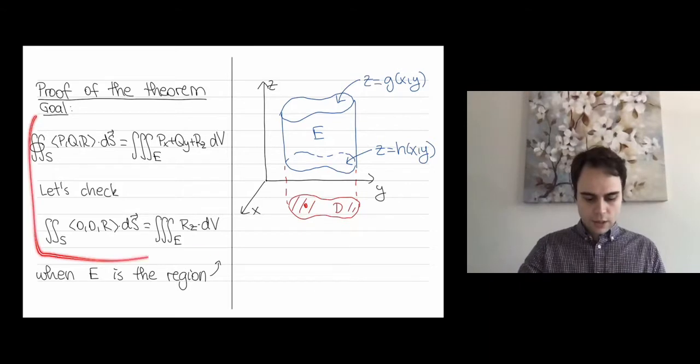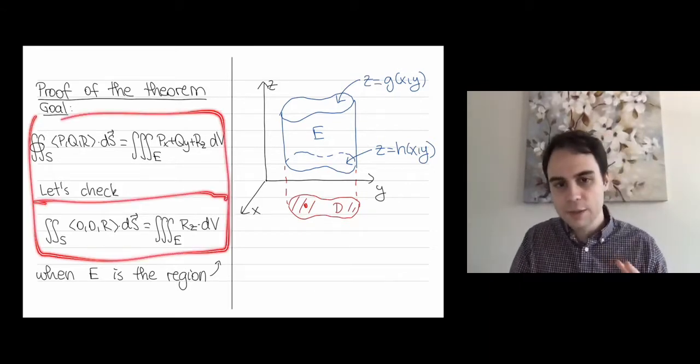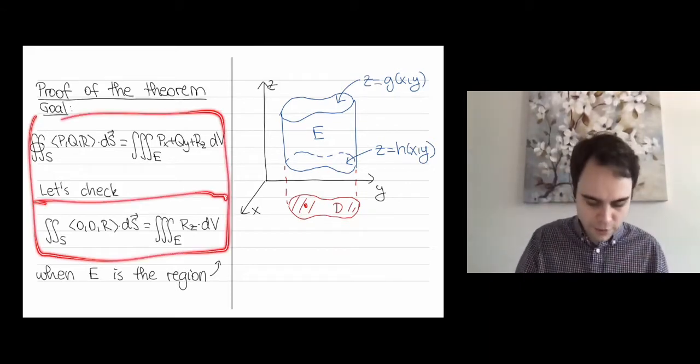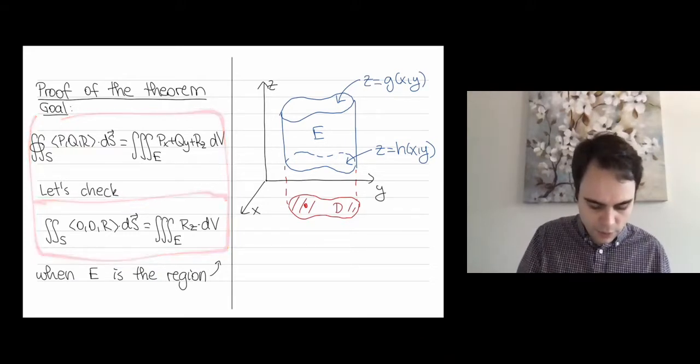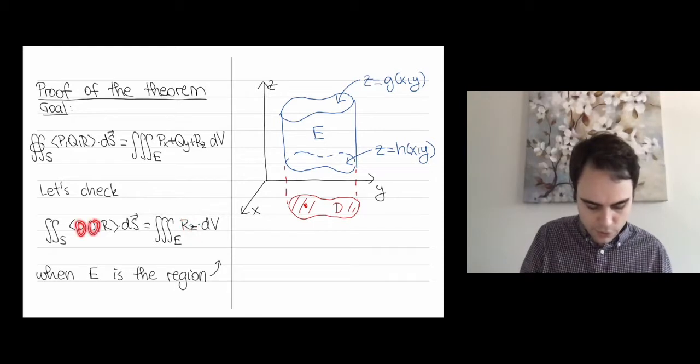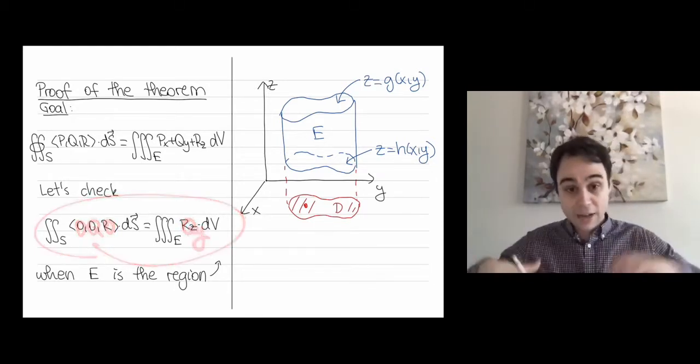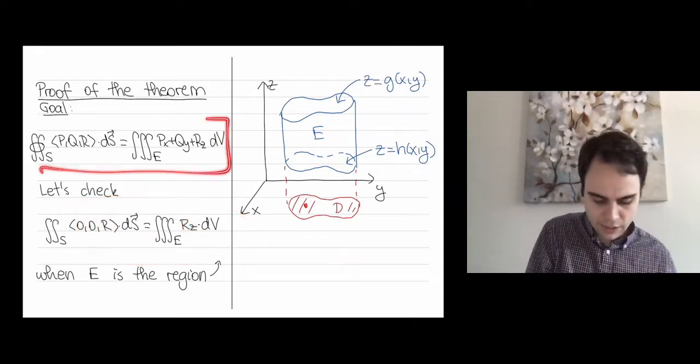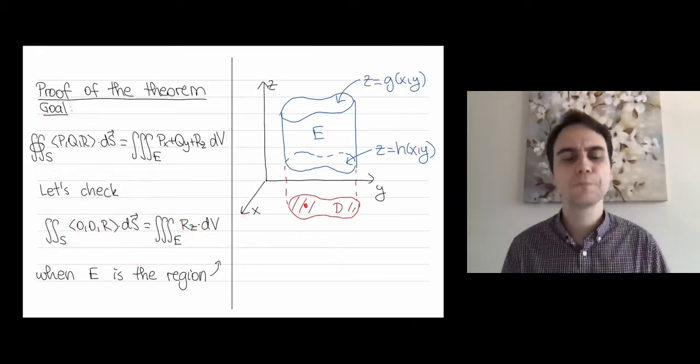Just looking here, it looks like a special case, but it's really the general case, because if I could check the same thing for P, 0, 0 and then Px, and similarly for 0, Q, 0 and then Qy, I would get 3 equations. If I added those 3 equations together, I would get the original equation back.